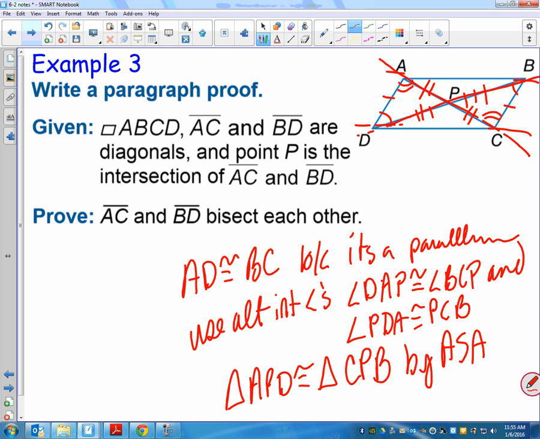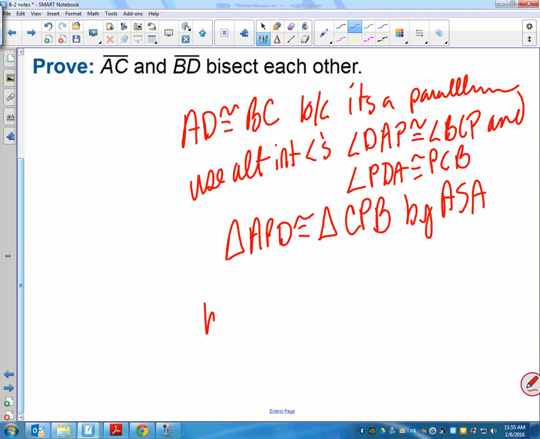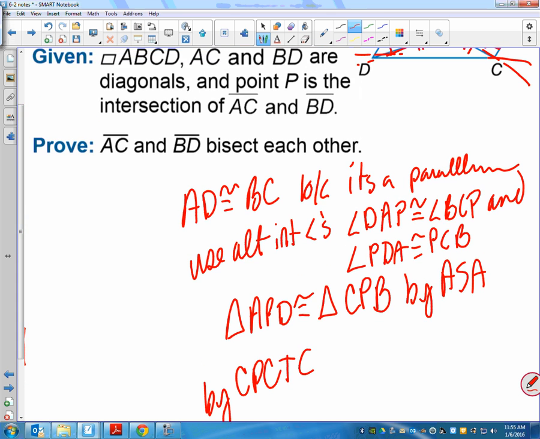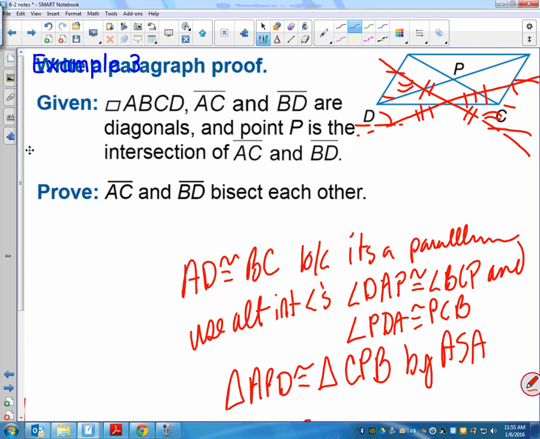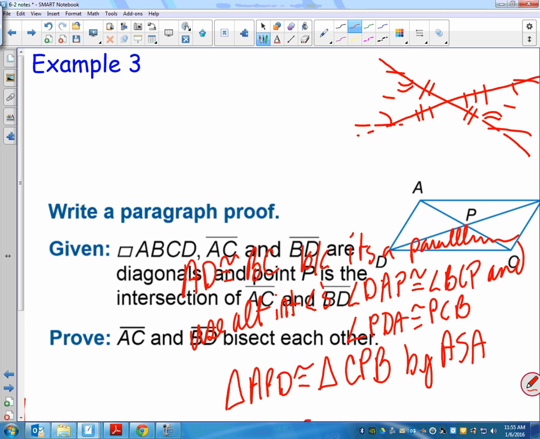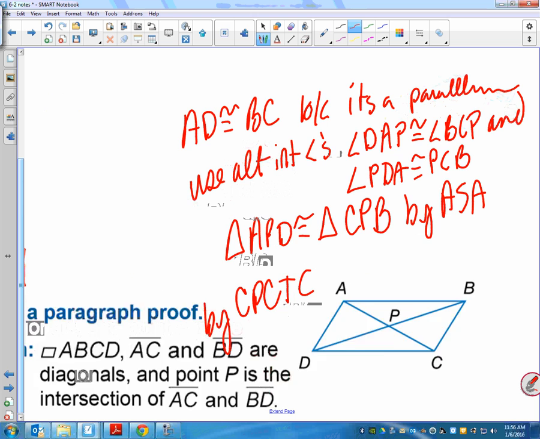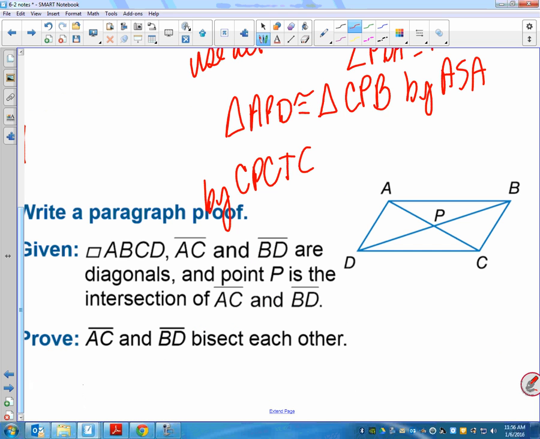Alright, so maybe we should write that. By CPCTC, AP is congruent to CP, and BP is congruent to DP.